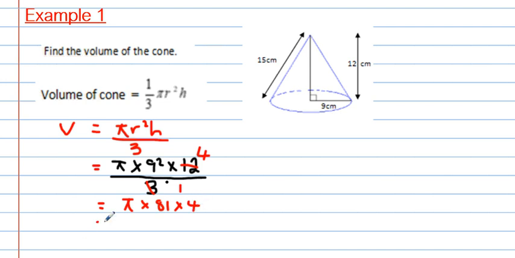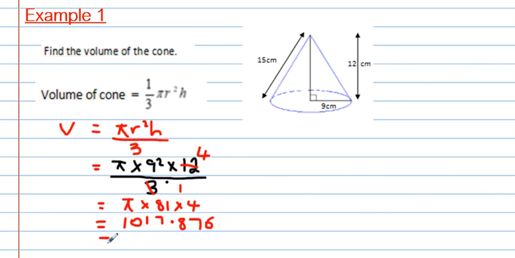If I insert all these numbers into my calculator, I'm going to use the pi button as well. I will get 1017.876.